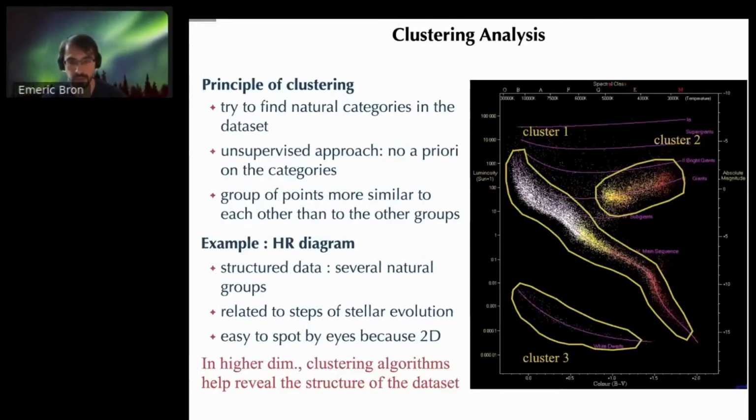What I want to emphasize is that this highlights the fact that the patterns in the dataset, the way the points group themselves, can bring some insight into the physics. Here, we know that those separations are related to different stages in the life of stars. But here, it was easy to do by eye because this dataset is in 2 dimensions. As soon as you move to high dimensions, it becomes very difficult to identify those separate groups by eye.